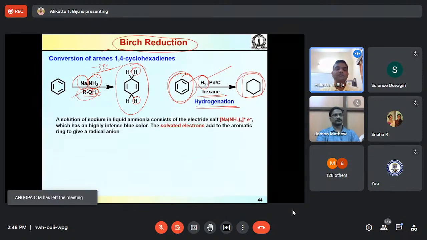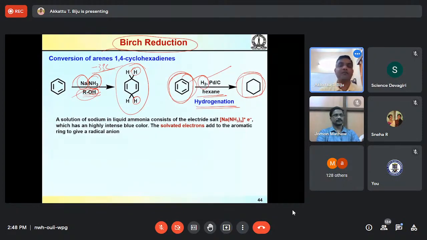In the solution of sodium in liquid ammonia, we know that ammonia is a very good ligand, and we also know that sodium metal has the remarkable ability to donate its outermost electron.